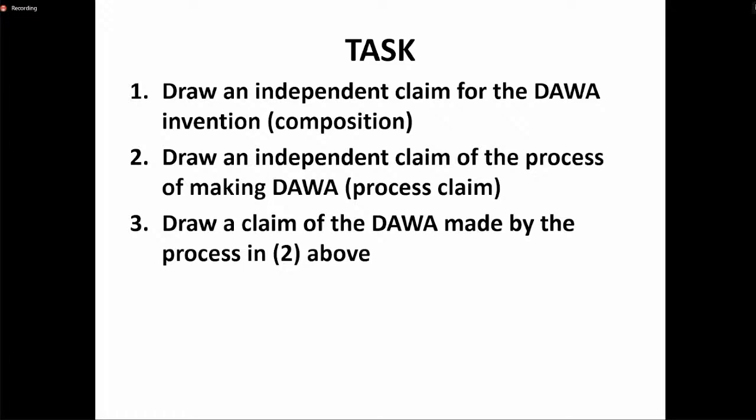It must have the three elements he talked about: the preamble, the transition, and the body of the claim. You were told there are three parts in a claim, so it must have those three elements.